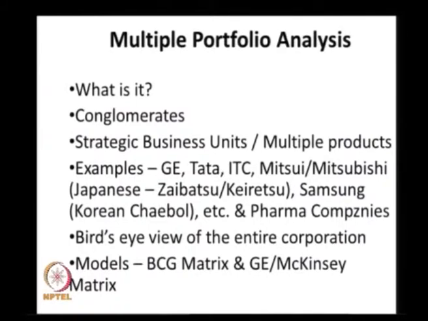Or in some pharma companies, for example, one pharma company may have multiple product lines, one for neural disorders, one for cancer, one for cardiovascular diseases, and each of them by itself is a big business proposition. So you have multiple product lines which can also be viewed as individual subsidiaries of a big conglomerate within the same organization.